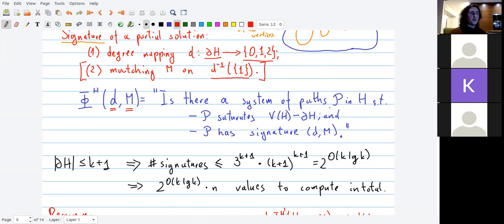So is there a system of paths in my graph H that visits all the vertices that are forgotten, because I want all of them to be visited, and that has exactly this signature? Note that now this value is a Boolean value. This belongs to {true, false}.